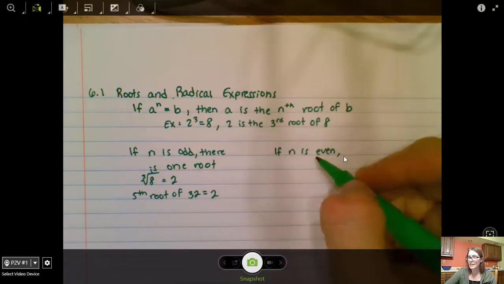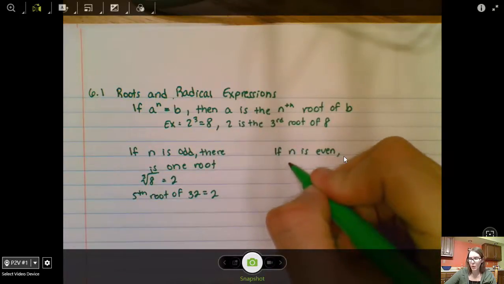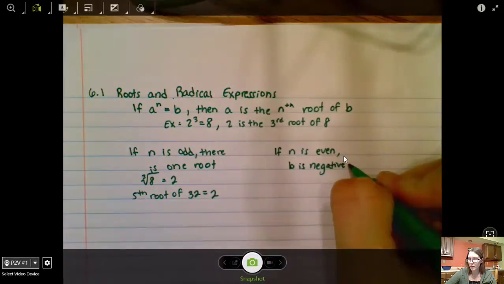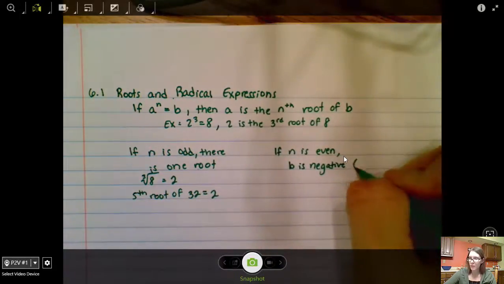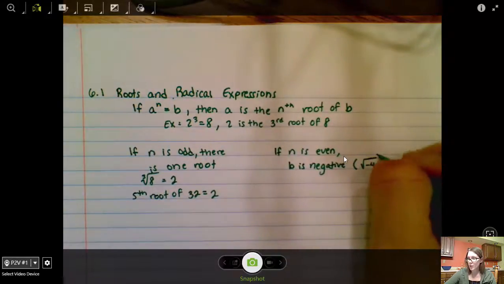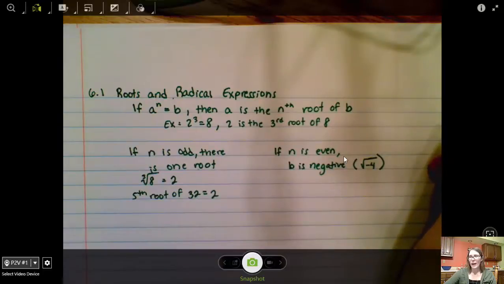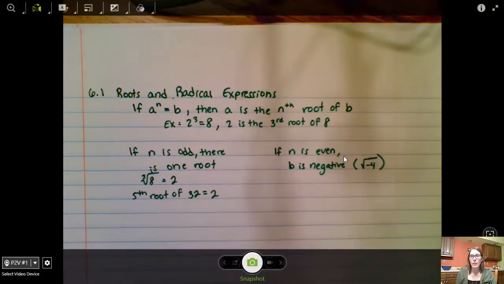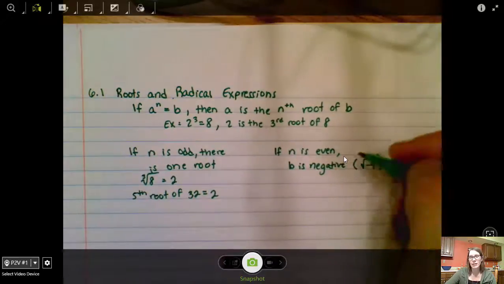If n is even and b is negative, like the square root of -4, for example, we learned back in chapter 4 that this is an imaginary. And in chapter 6, we're really just focusing on real numbers. So the fact that we know this is an imaginary, that's okay. For this chapter, we're just going to say it's not real.